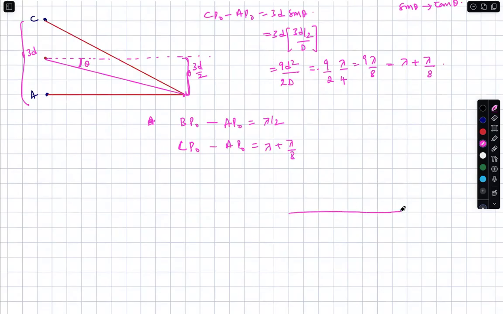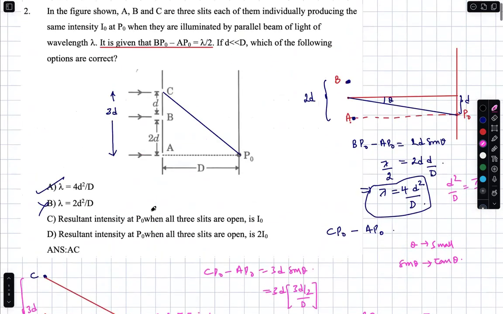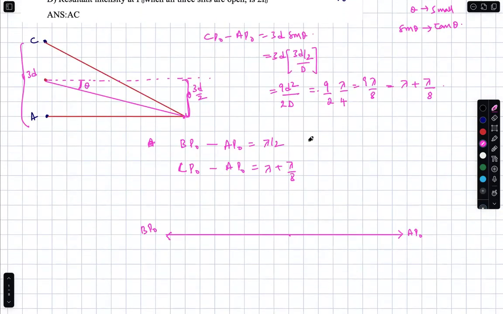For example, if I take the phasor at A as the reference, then BP naught phasor, lambda by 2, is nothing but 180 degrees, that is pi. Now let this be equation 1 and let this be equation 2. CP naught minus BP naught is equation 2 minus 1.